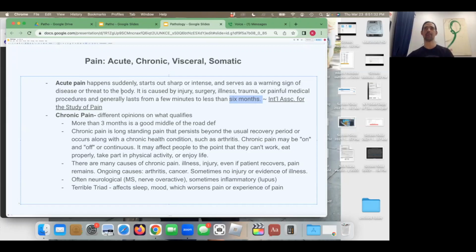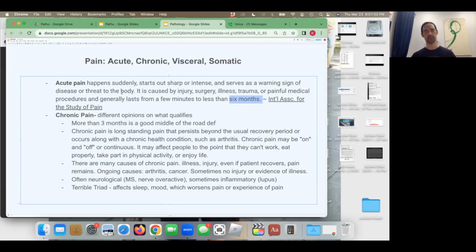So acute pain happens suddenly. There's usually a discernible cause. You step off the curb and twist your ankle, or slip and fall. Like the description says, some kind of surgery. The acute pain may be from something like illness.